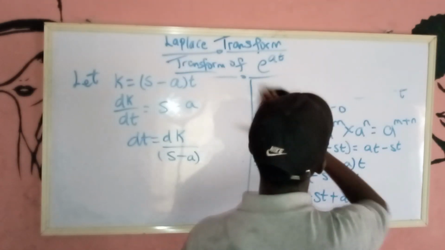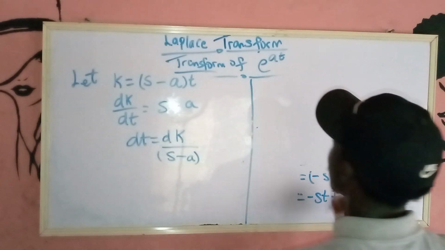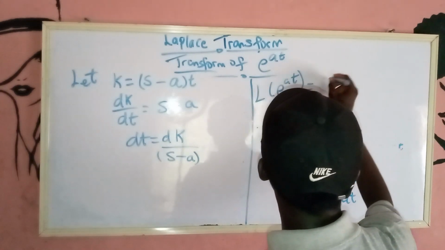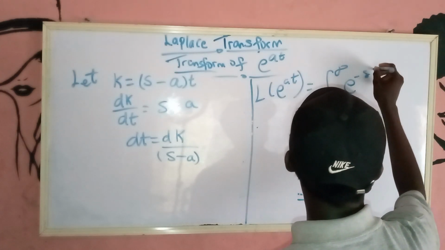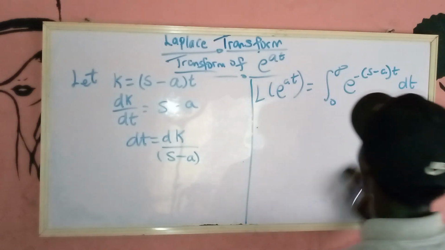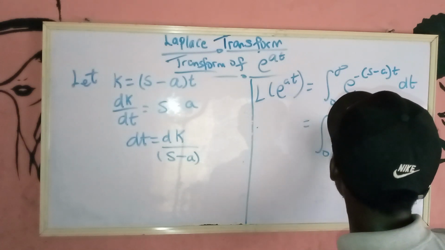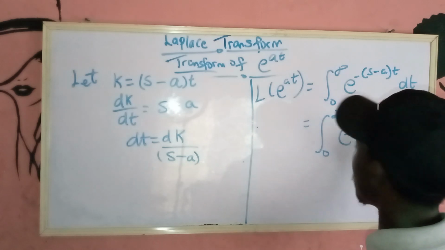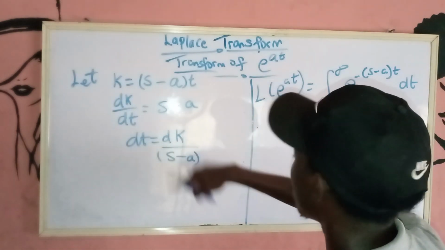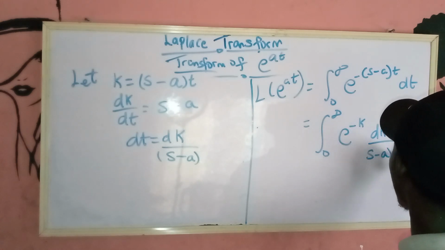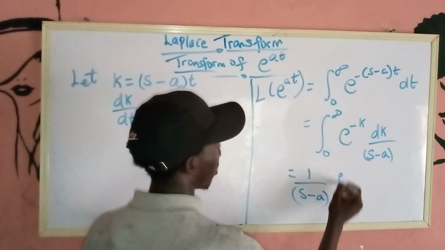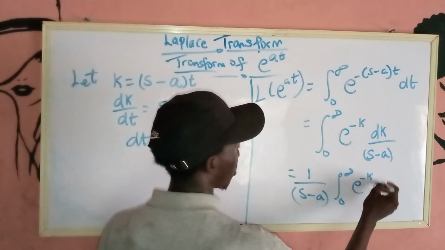From there, you can replace what was here before: Laplace of e raised to power at equals the integral from 0 to infinity of e raised to power minus (s minus a) multiplied by t, dt. Everything here becomes e raised to power minus k, where k is s minus a times t, and dt is dk over s minus a. So this gave us 1 over s minus a, times the integral from 0 to infinity of e raised to power minus k, dk.